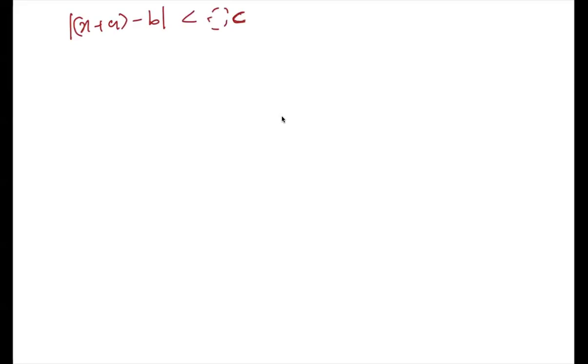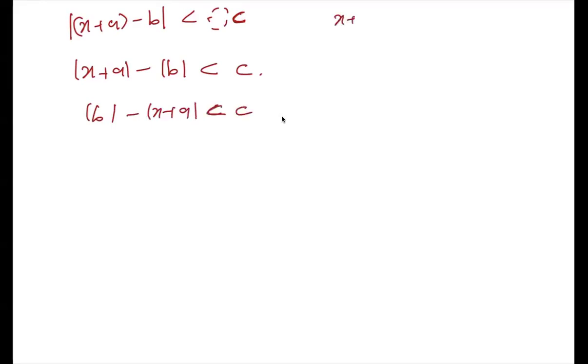Then I can write the triangle inequality in two variations. One is |x plus A| minus |B| is less than C. The other triangle inequality I can get is |B| minus |x plus A| less than C, right?